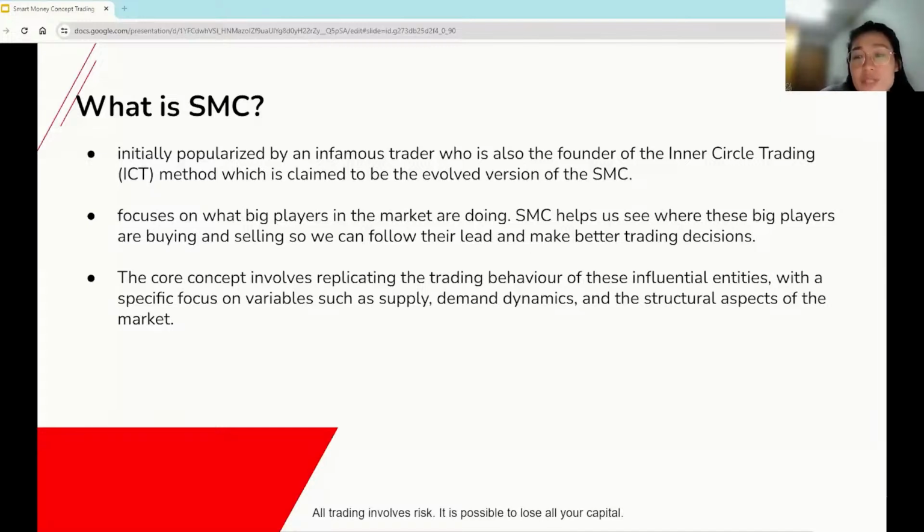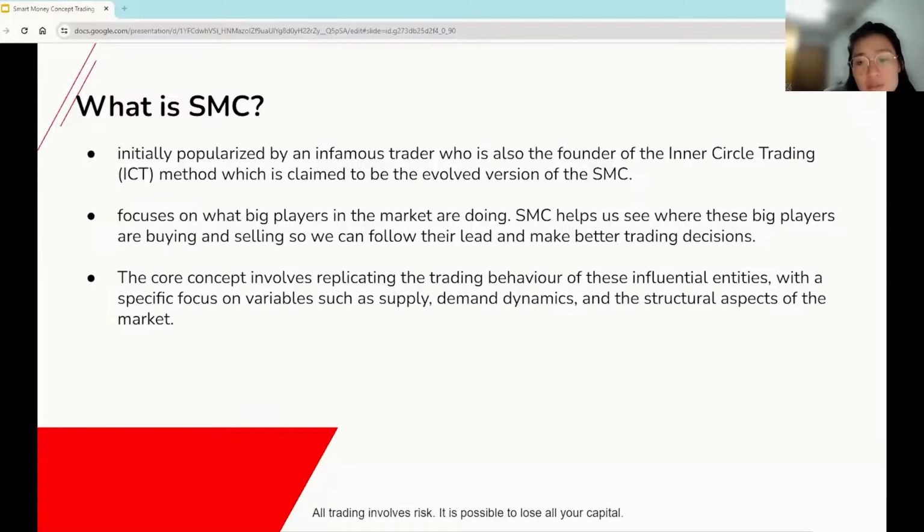These big players, often called the smart money, include large institutions like banks and hedge funds who have a lot of money and power to influence the markets. So SMC helps us to see where they are buying and selling, so we can follow their lead and make better trading decisions.